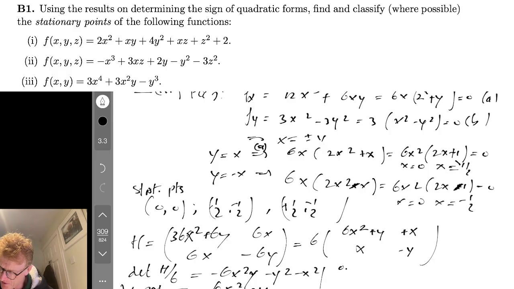So now for 0, 0, the whole thing is, everything is 0, so that's id.